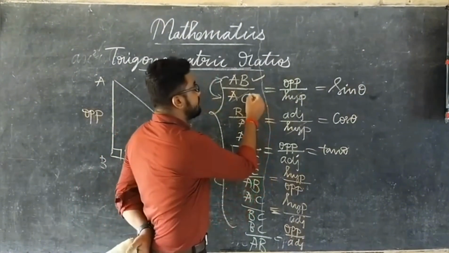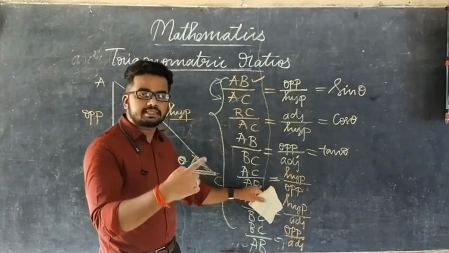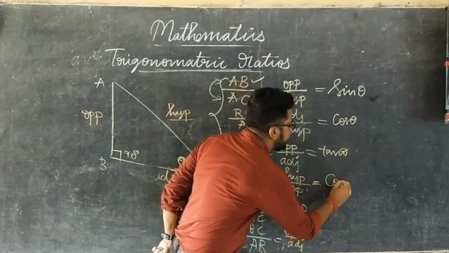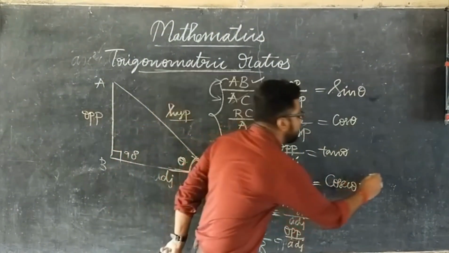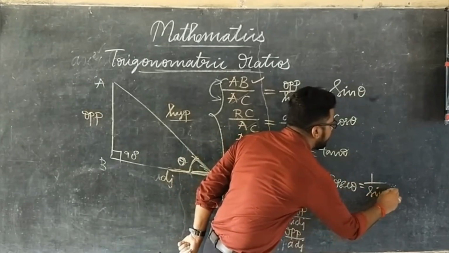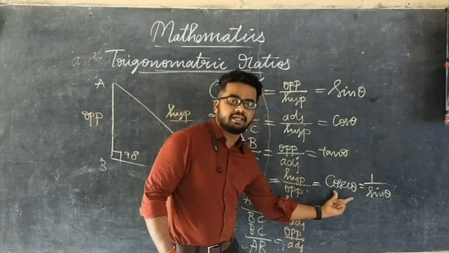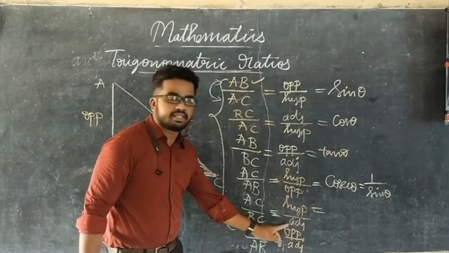Now, see, if I reciprocal, this is the reciprocal of sin theta. What is the reciprocal of sin theta? It is cosecant theta. If I reverse sin theta, I get cosecant theta. Next, look at here, this also is hypotenuse by adjacent.